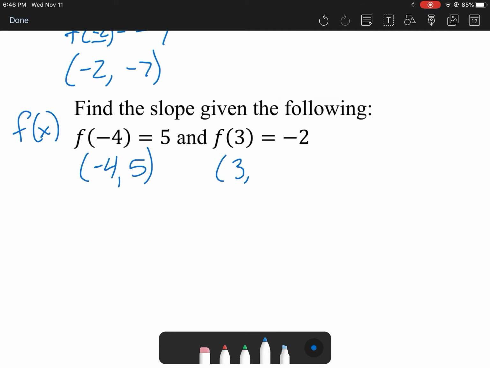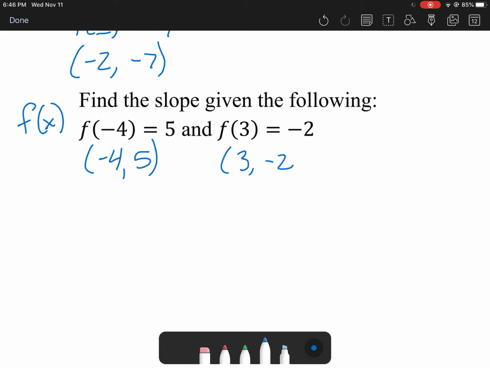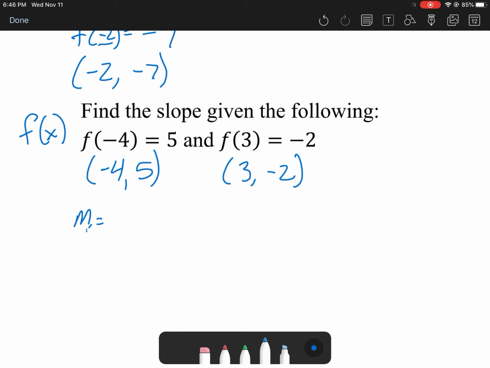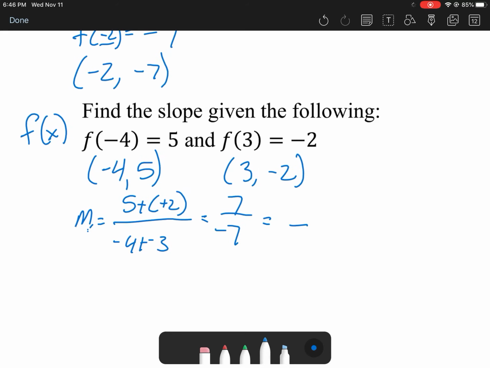So for the first one, 5, second one, negative 2. Because of all the letters it looks a little confusing, but it's really just 2 coordinate points they're giving you. Then we can go ahead and find the slope. 5 minus negative 2 over negative 4 minus 3. My slope is equal to negative 1.